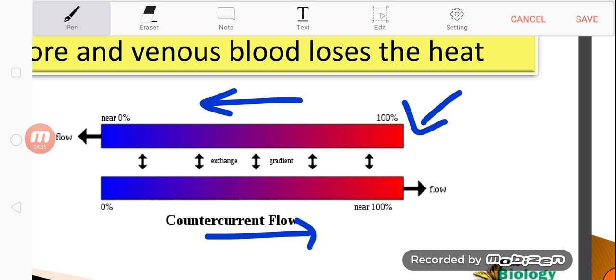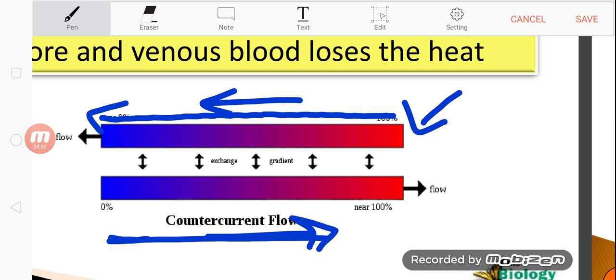As this heat travels to the right, the below one flows from right to left, here is cold and here is hot.